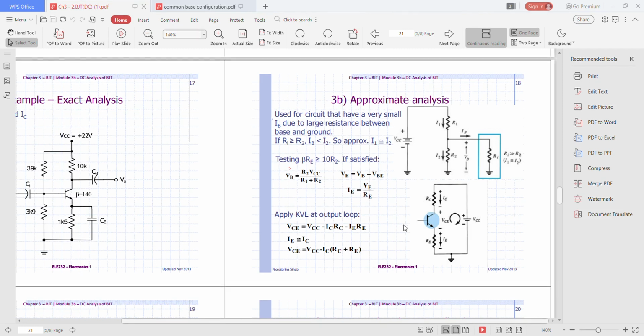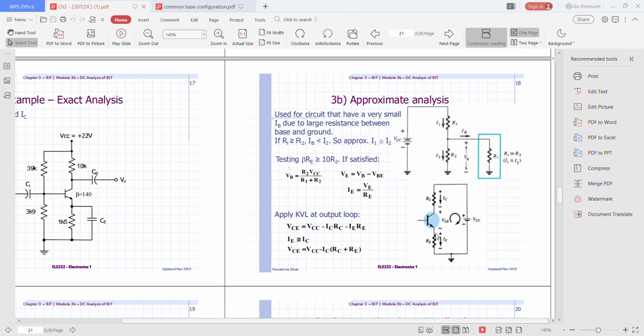For the loop equation, if you choose the sign to be minus as the first sign, the equation will be minus VB, plus VBE, plus IE RE, or you can just write plus VE.